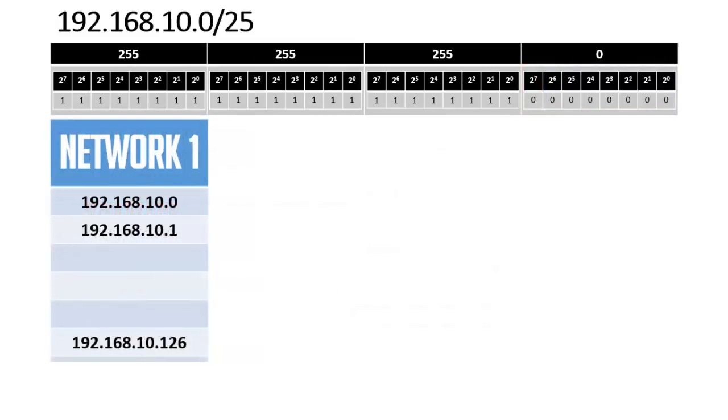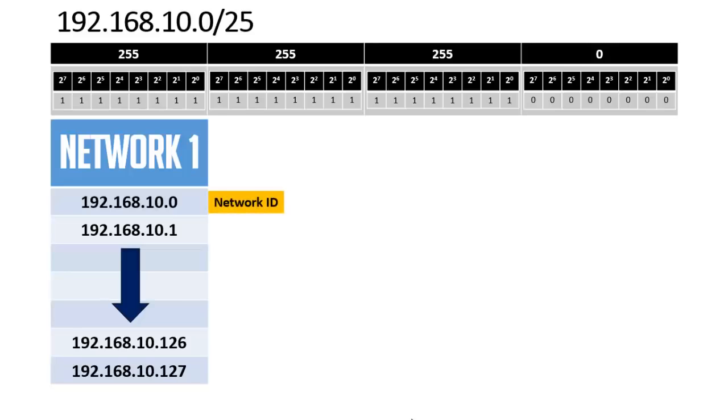So as you can see here, guys, in network 1 the IP addresses will start from 192.168.10.0 and end at 192.168.10.127, which is equal to 128. Now as I have explained, the first IP address is the network ID and the last IP address is the broadcast ID.